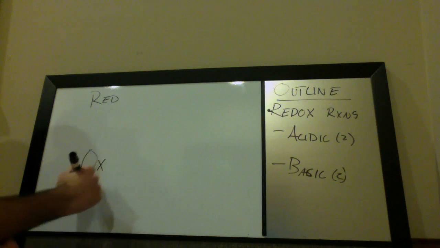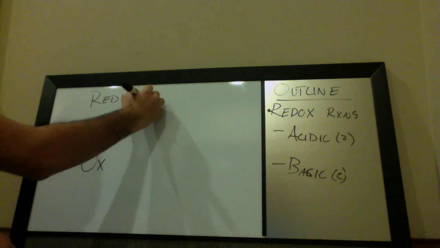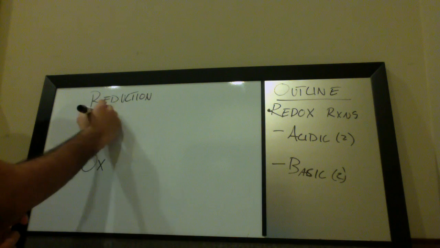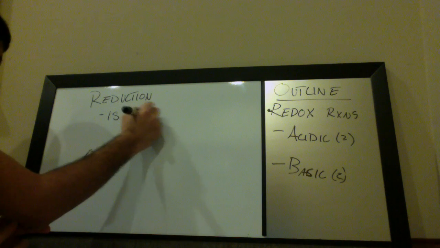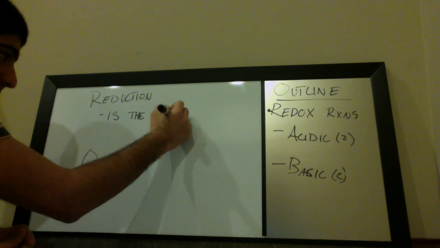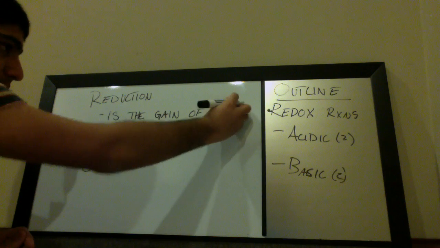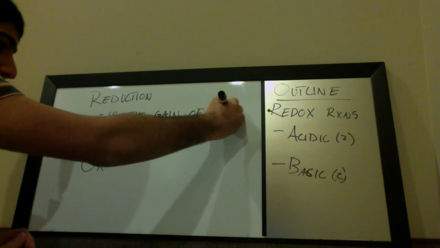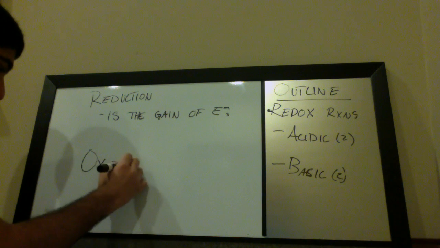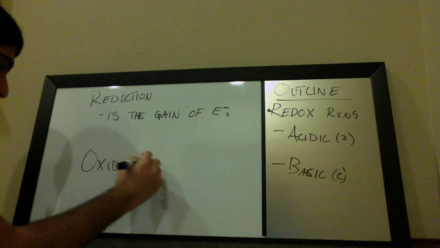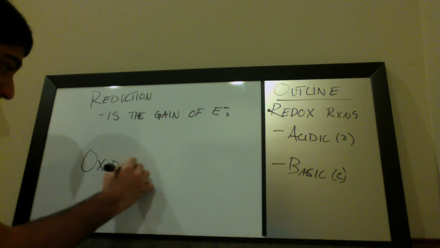Now what is reduction? Reduction is the gain of electrons. I'm going to write electrons so I can abbreviate it. And oxidation, I think I spelled oxidation correct.